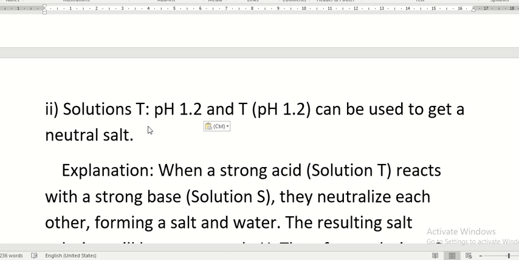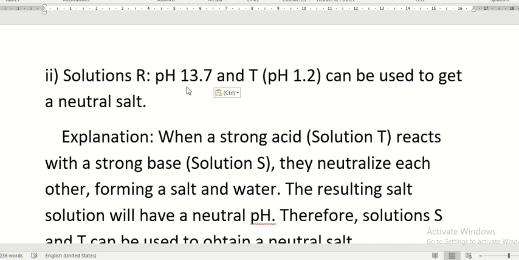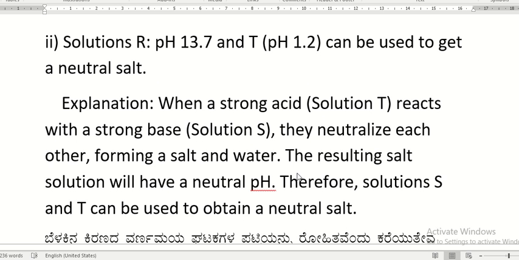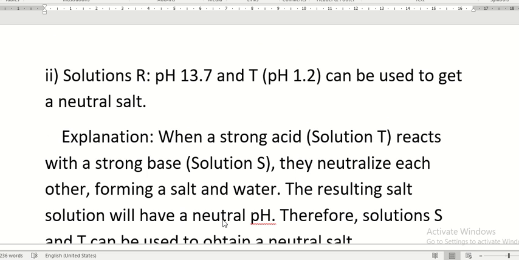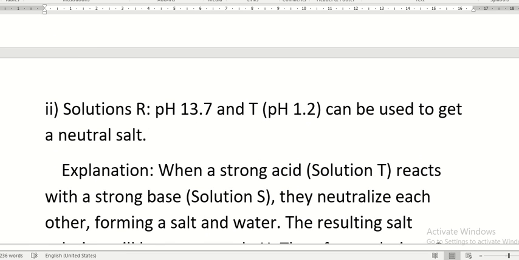So students, the solution R with pH of 13.7 and T with pH of 1.2 can be used to get the neutral salt, because pH 1.2 is a strong acid and pH 13.7 is a strong base. By neutralizing these two, the resulting salt has a neutral pH. Therefore, solutions R and T can be used here.